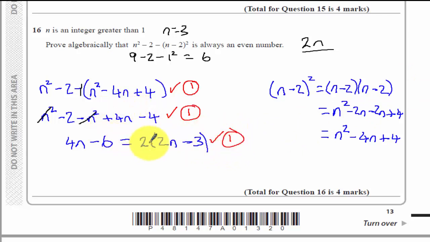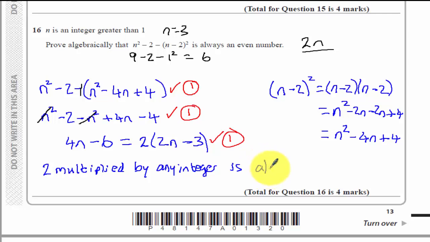To get my fourth mark, I have to make sure the examiner knows that I know what I'm doing. So I need to state 2 multiplied by anything, or actually to be correct I should put by any integer, because that's what it said in the question, is always even.